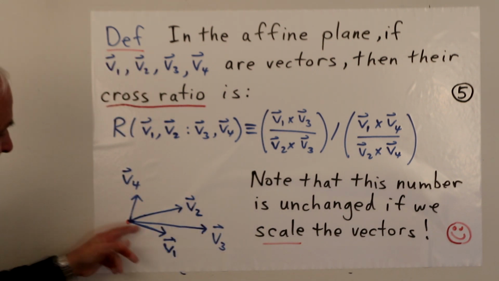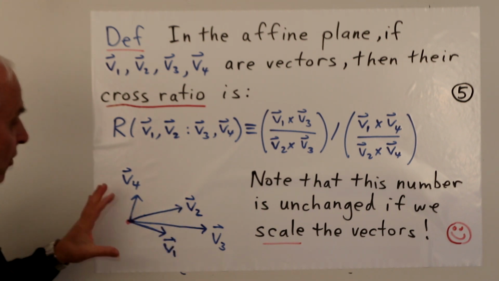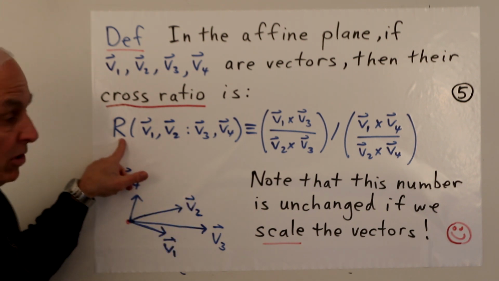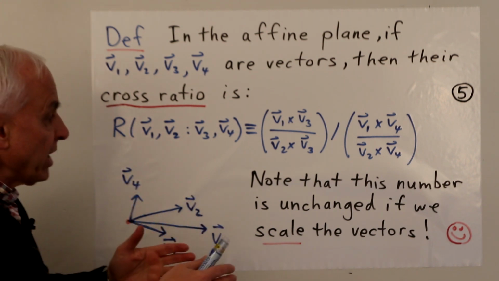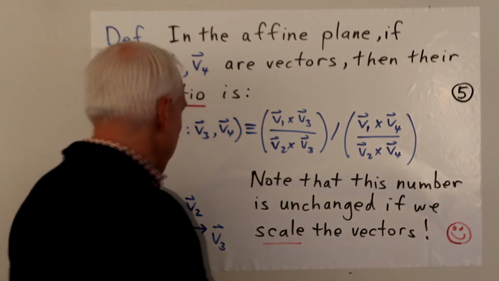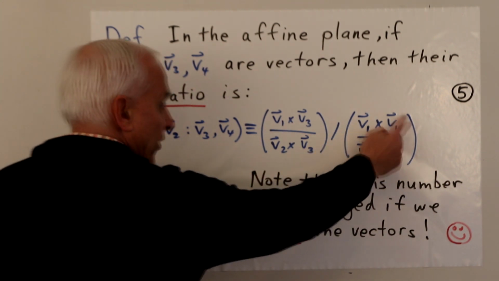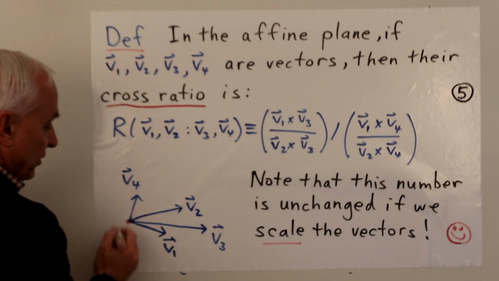So here are 4 vectors, V1, V2, V3, and V4. And the cross ratio, which now has a capital R, of the 4 vectors, is in terms of ratios of cross products. So what is the cross product, say, of V1 with V4? Here's the vector V1, here's the vector V4.